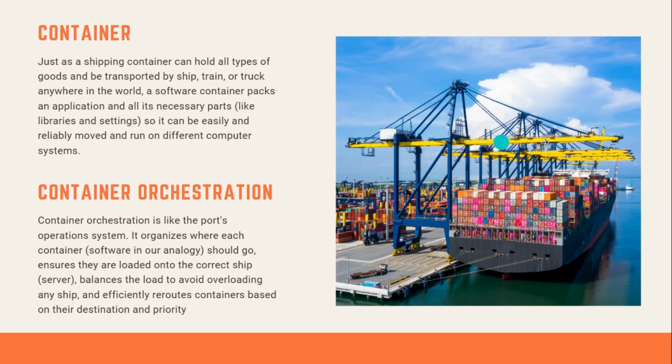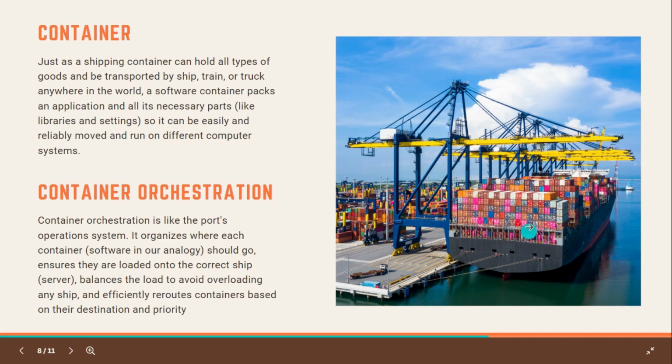And here whatever you are seeing, the things which are putting the containers into the ship, these are like orchestration. These are doing the orchestration. They are assessing how much load the ship can carry, how many more containers I can start, right? Each container could be one AEM instance. All these are AEM instances which are started, but the ship can carry only so much load. You cannot put one more instance, then it will sink into the water, right?